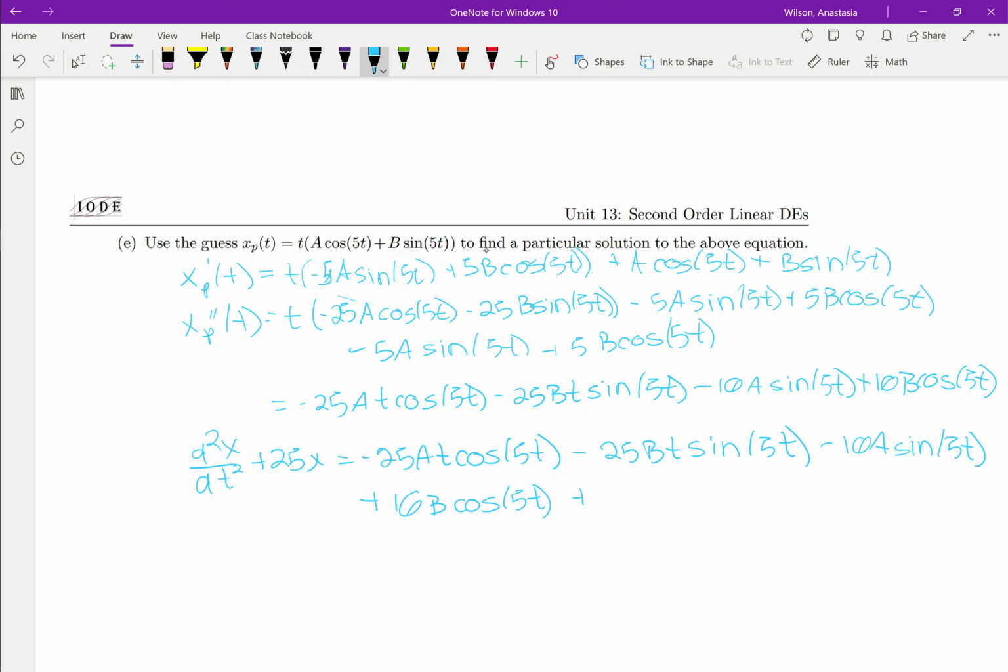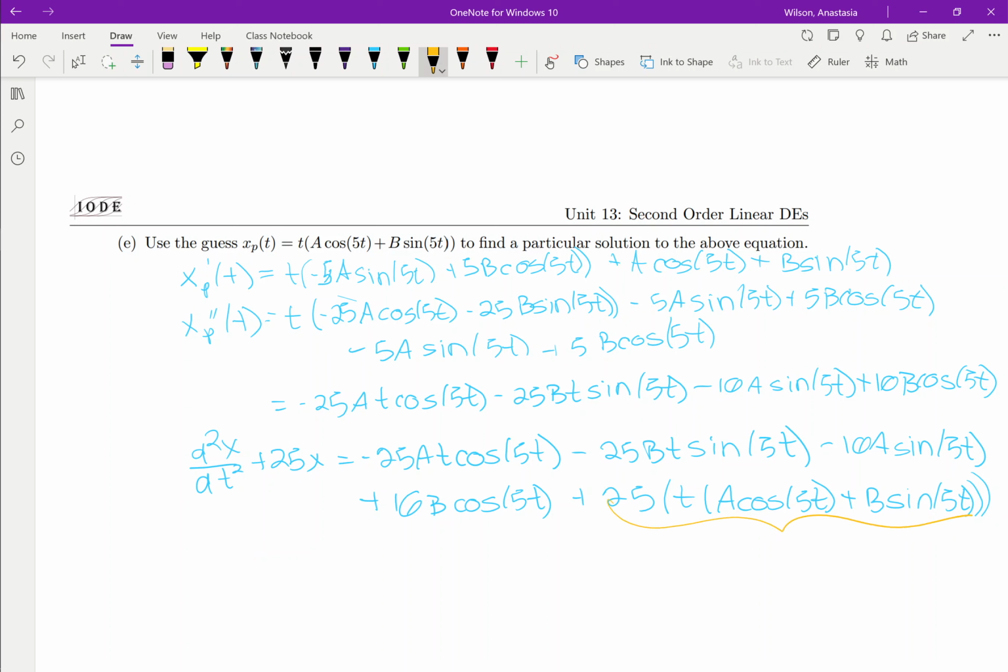Then we have plus 25 times x, and x is t times a cosine of 5t plus b times the sine of 5t, and a few parentheses there. If we distribute, I'm not going to write all of this out, I'll just write it as a side note.